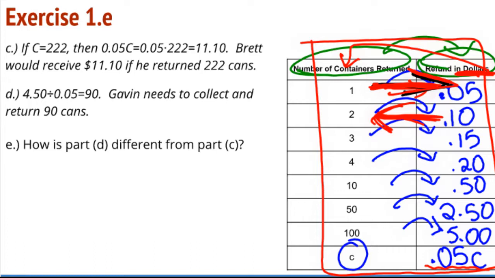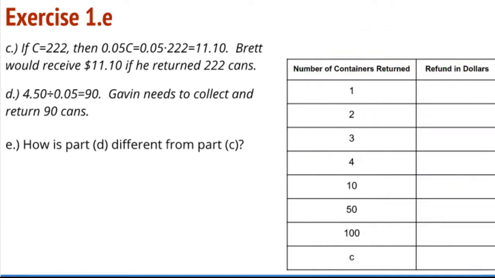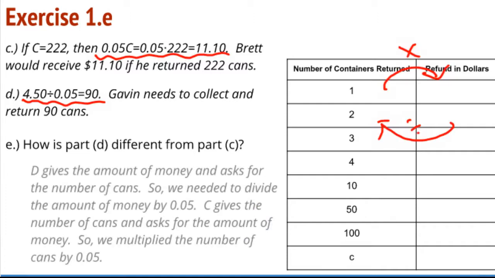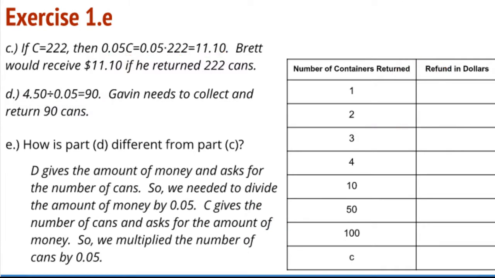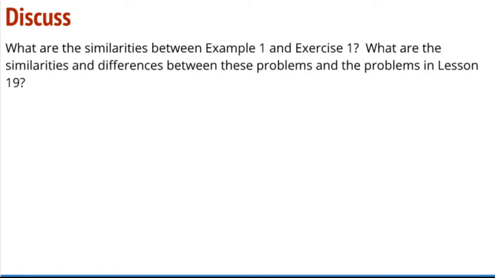All right, so taking the comparison of parts D and C, well, C was a multiplication expression, and D was a division expression. They're inverses of each other. To get from the containers to the refund, I was multiplying. To get from the refund to the containers, I was dividing. They're inverse operations, which is, of course, one of the reasons we spent all this time looking at the relationship between operations.